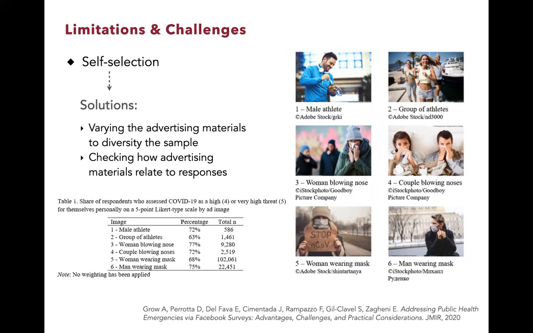So, for example, in this table, we assessed the threat perception of COVID-19 by image, and we see that despite the participation rate varying a lot across different images, the threat perception was quite high and consistent across all images.